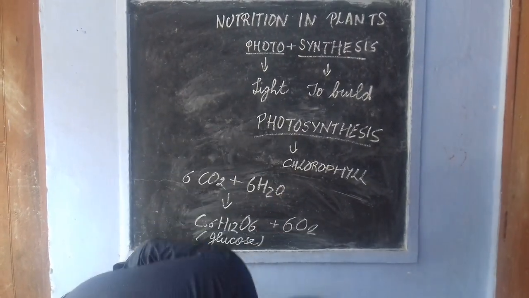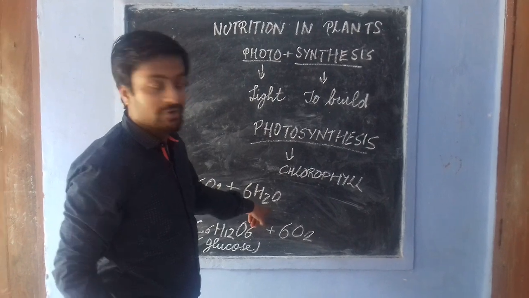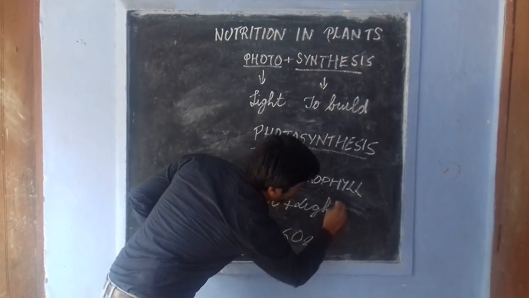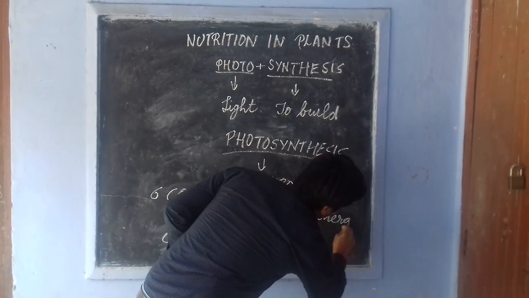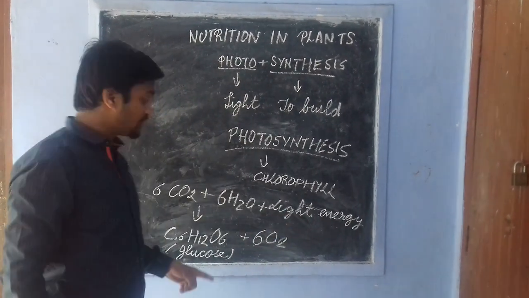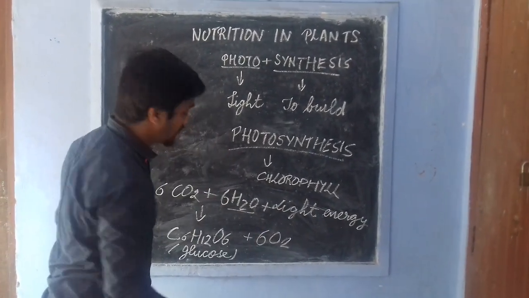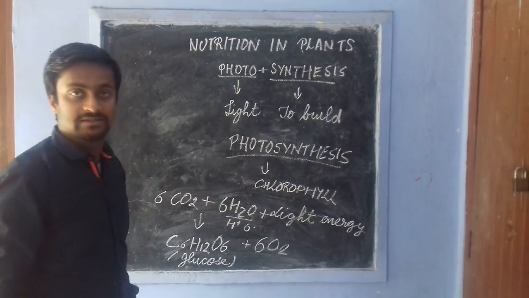What happens is, during this process, not only carbon dioxide and water is needed, but also the light energy of the sun. This light energy is used in splitting this water molecule into H and O ions.